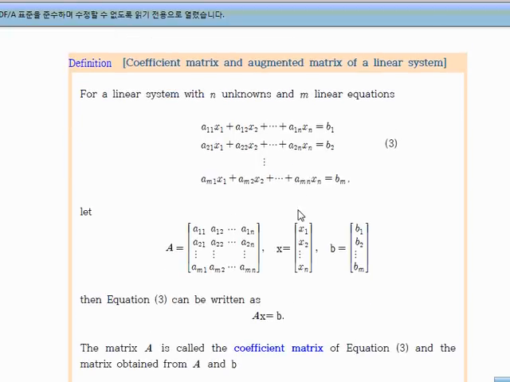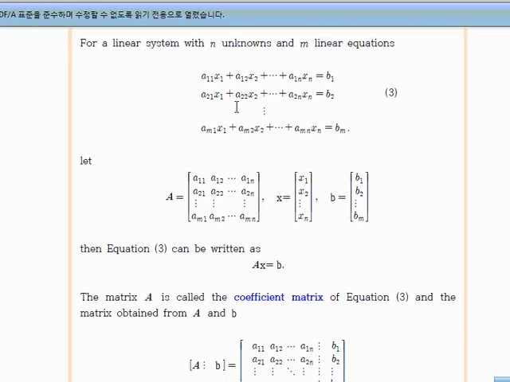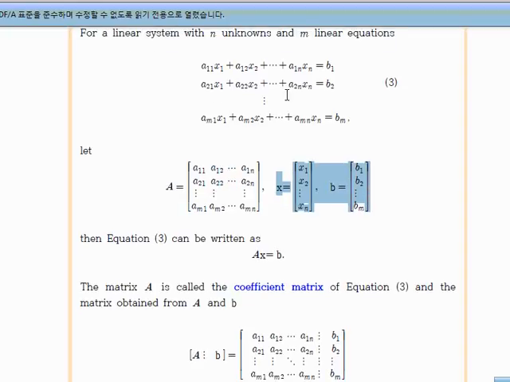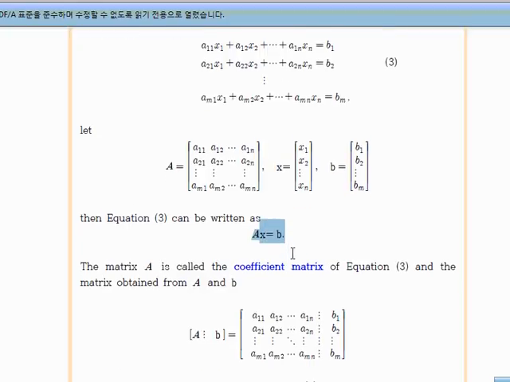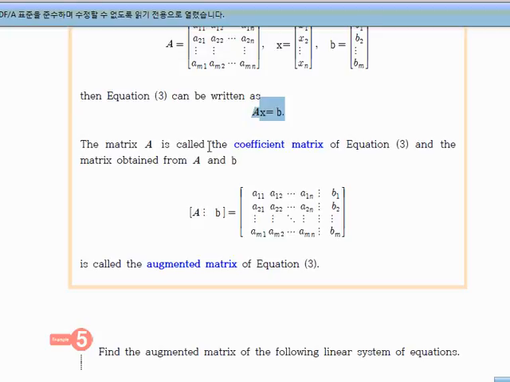Coefficient matrix and augmented matrix of a linear system. Suppose we have this linear system of equations like this. If we let A be a matrix like this, and X and B be vectors like that, then this linear system can be written in this form, AX equals B. Here we call A the coefficient matrix, and this matrix is the augmented matrix of that equation.